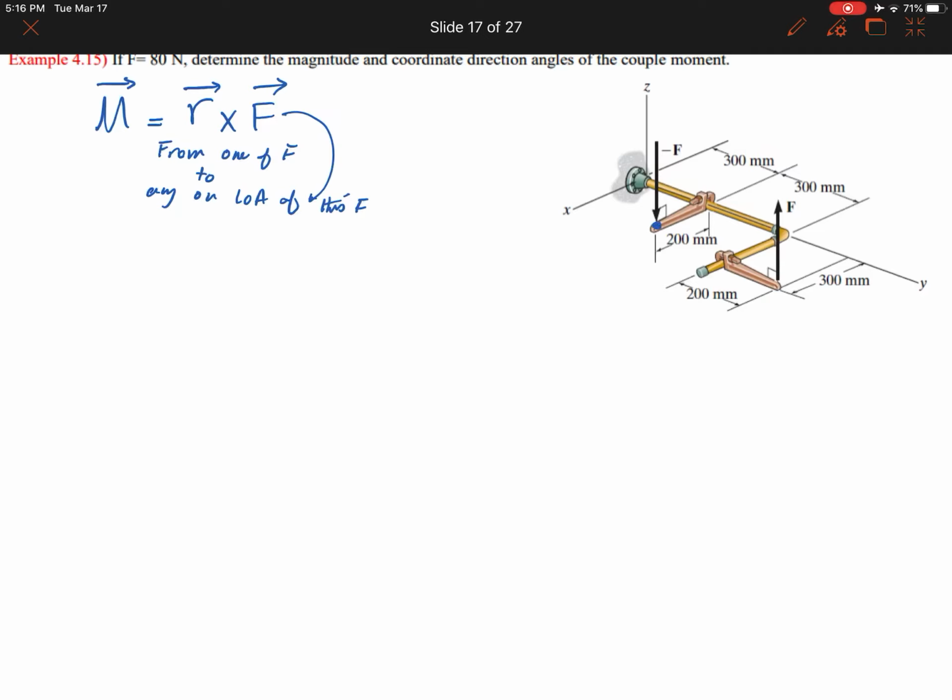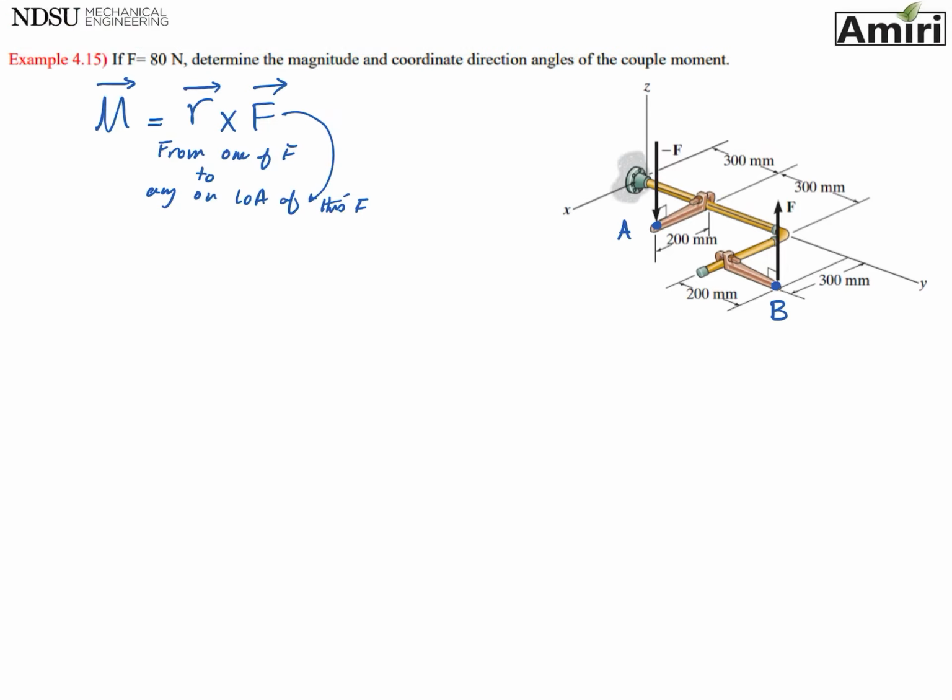So let me see. This is a point that I have the information about. I'm going to call that point A. Call this one point B. Okay, those are the 2 points on the line of action of one of the forces.